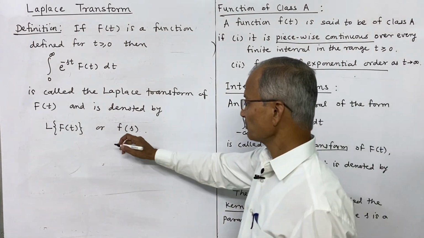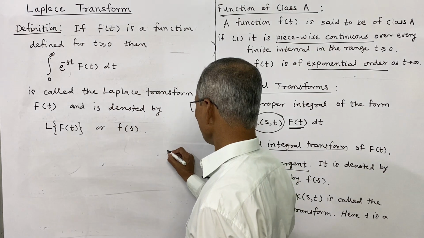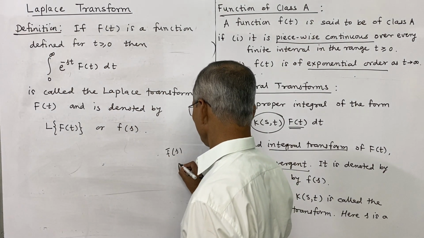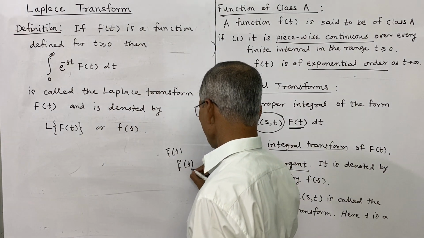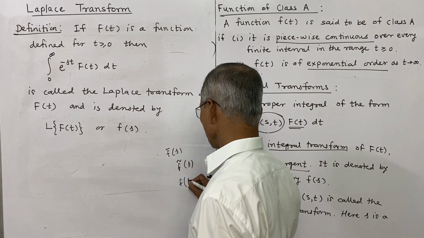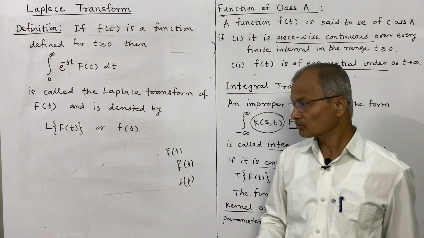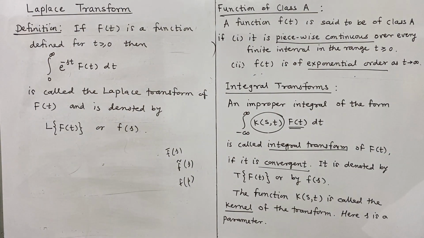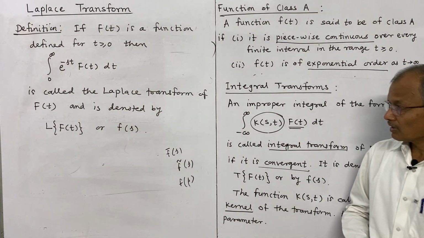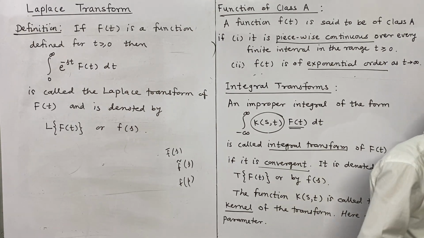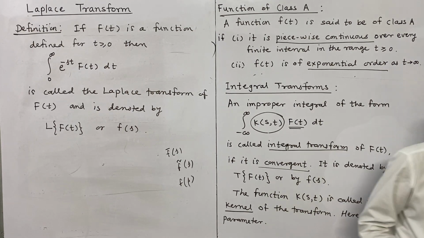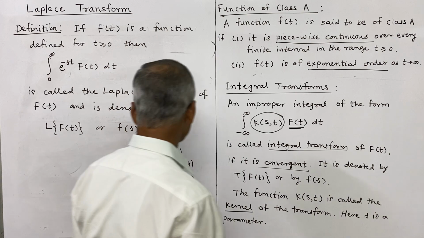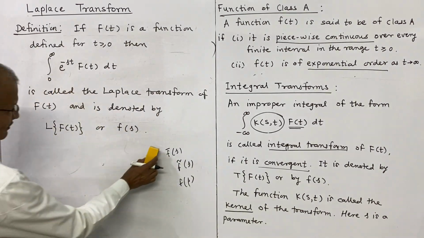So it may also be denoted by F of s, or F bar of s, or F tilde of s, or in place of s, p may also be used. So these are the different notations for the Laplace transform. Here s is the parameter we have.